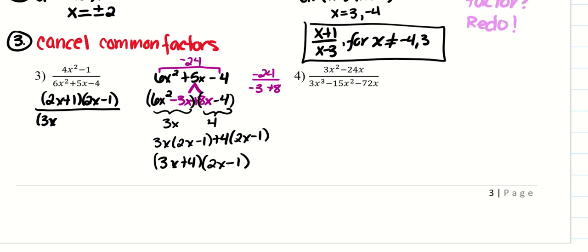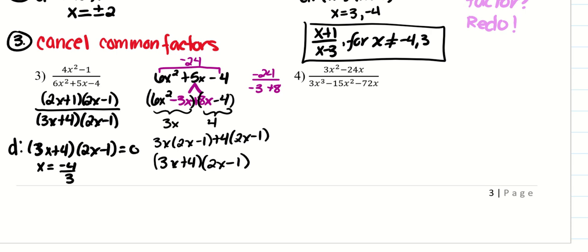So I have 3x plus 4 and 2x minus 1. So my domain is where 3x plus 4 and 2x minus 1 equal 0. So x equals negative 4/3 and x equals positive 1/2.